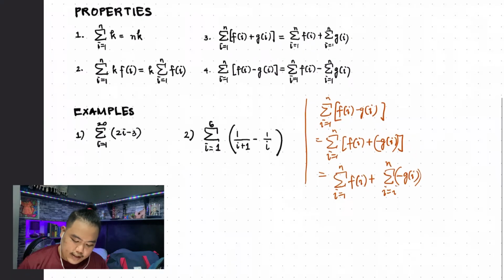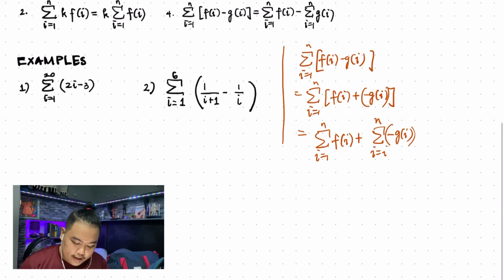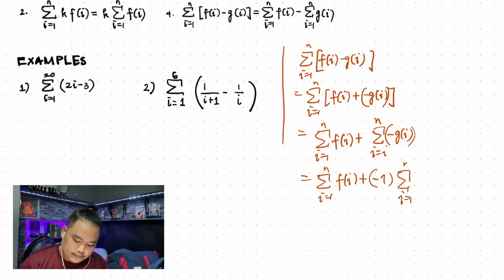So, we have this. Nandito na tayo. And then, etong negative sign, it means minus 1. Negative 1 times g of i. So, sabi ng property na ito, pwede mong ilabas yung constant. That's why you get f of i plus negative 1 times this.